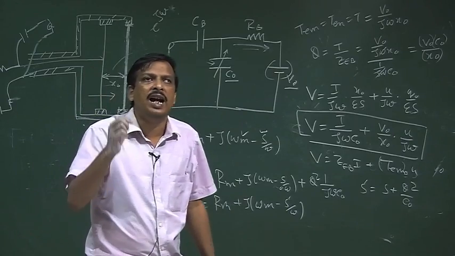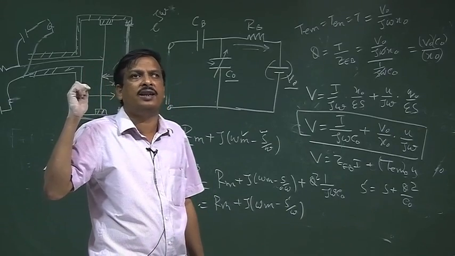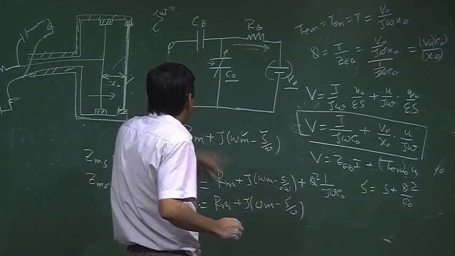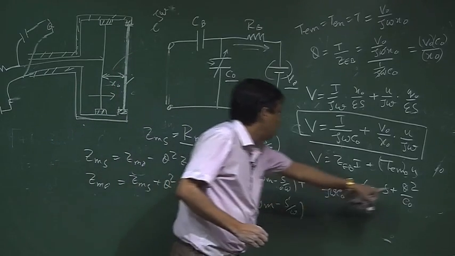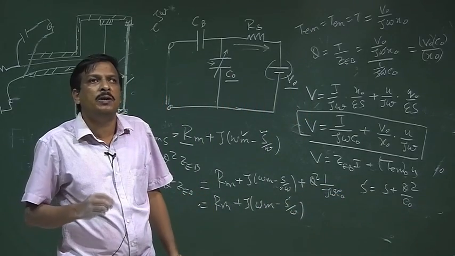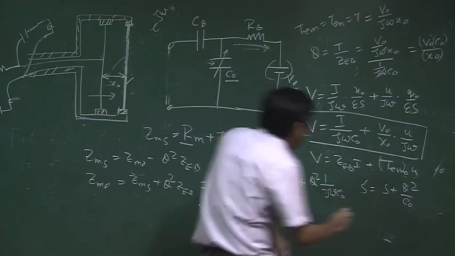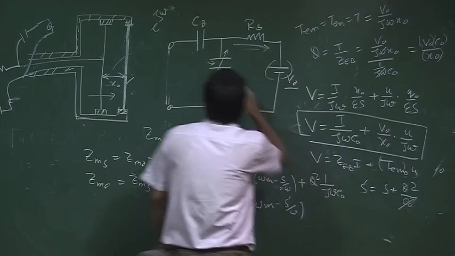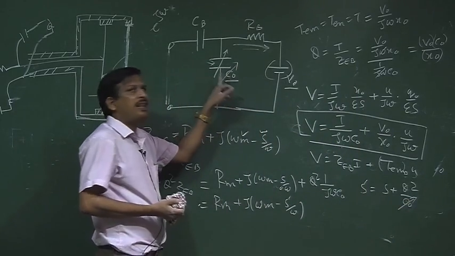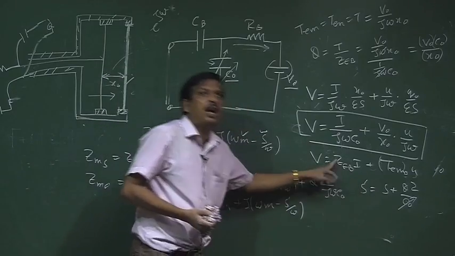So, as soon as I open the short circuit condition, the stiffness of the diaphragm changes by phi square by C0. Now, if C0 is a variable capacitance, and C0 is changed, the stiffness of the diaphragm will be changed.